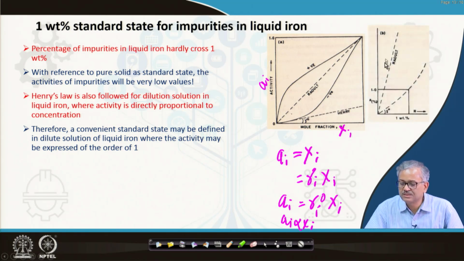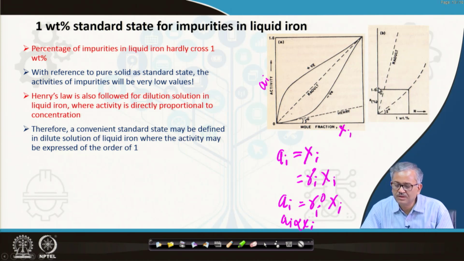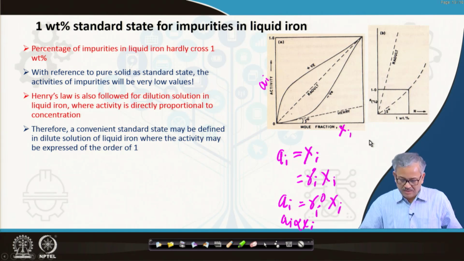How can you do that? If I just enlarge this portion, then I can get this, okay. So, this Raoult's law line goes like this, and this is the Henry's law line.